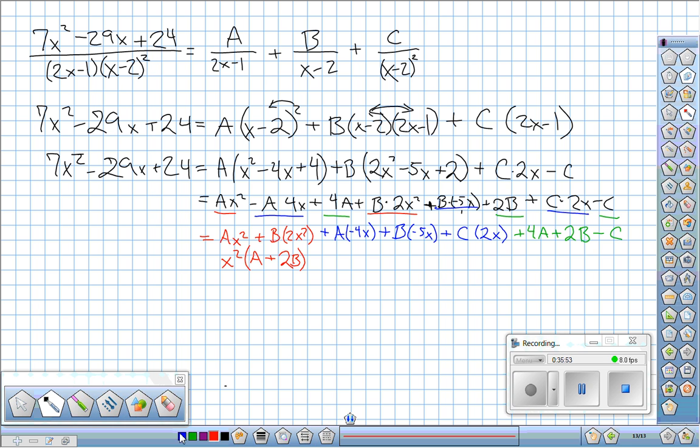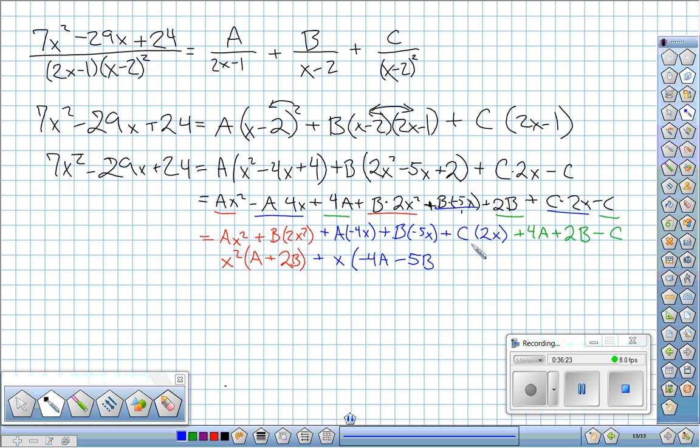And then I'm going to just change my color so I'm not confused. Then I'm going to pull an x out of this next piece. And the reason why I'm going to do this is I'm making basically a systems of equations because we know how to solve systems of equations as well. So if I pulled an x out of this first piece, I would have negative 4a. It doesn't matter if I write a times negative 4 or negative 4a. Then I'm going to pull an x out of this piece, and I'd be left with a negative 5b.